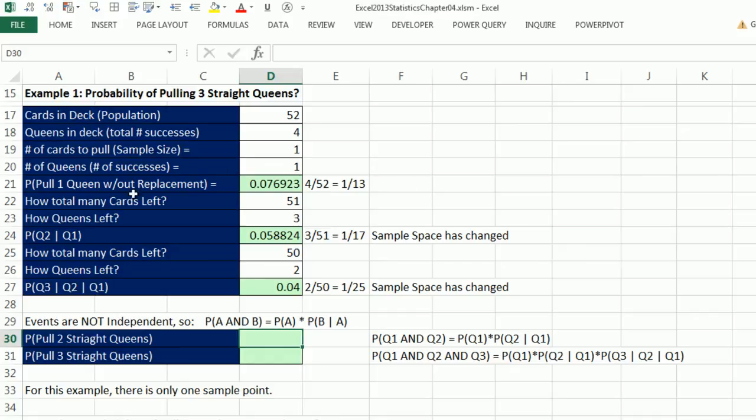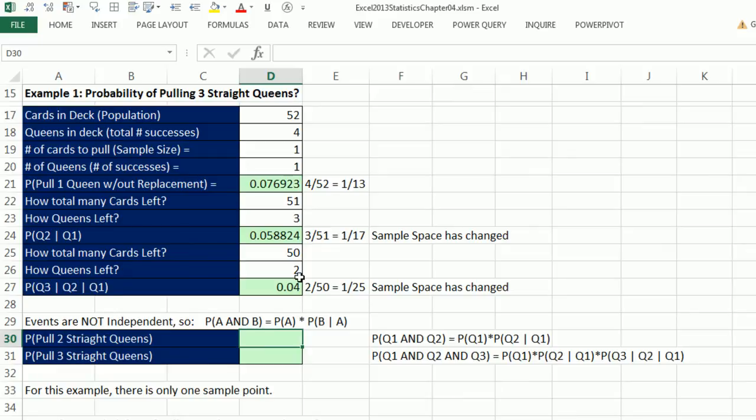Then once we knew that we picked a queen, we calculated the probability, hey, pull a second queen, given that we pulled the first queen. Notice that's for this single event. And then finally, what's the chance? We already know there's two queens already pulled. The sample space has changed. 52 cards, 2 of them are queens. The probability is 0.04.